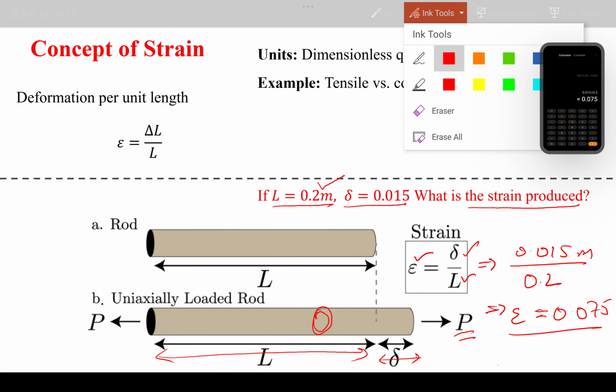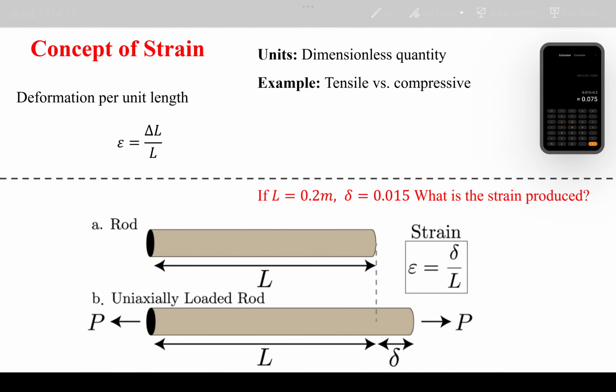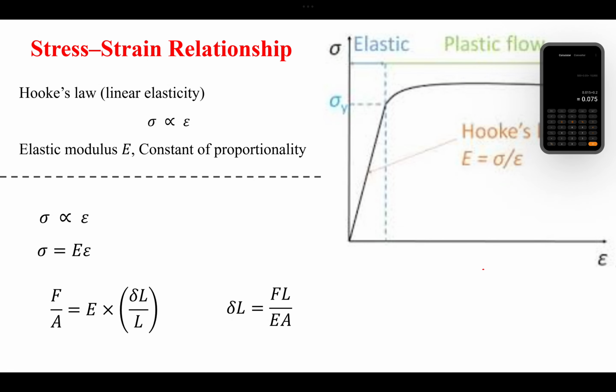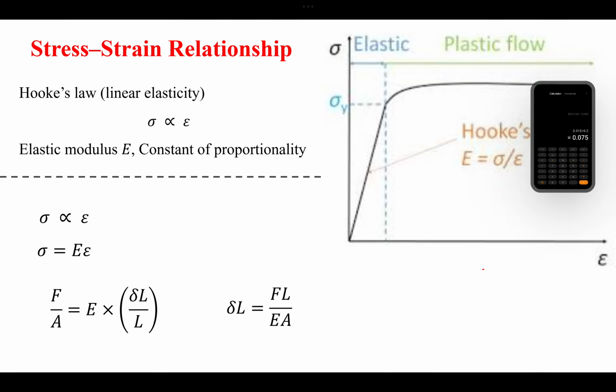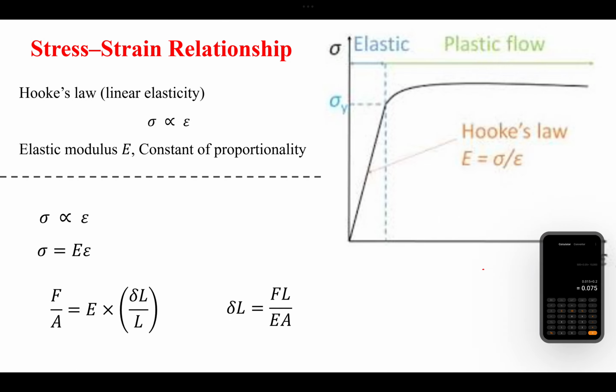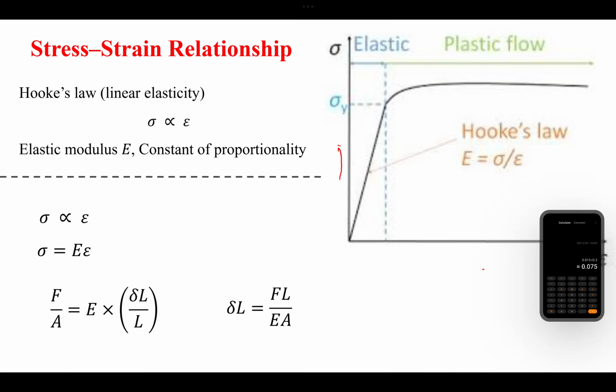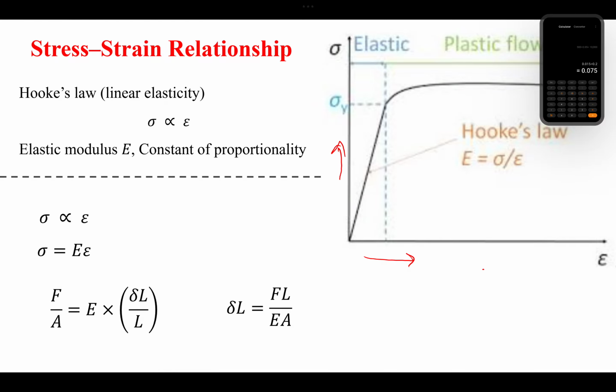Very simple, straightforward. Now there is a relationship between stress and strain. I'm sure you have heard of Hooke's law, where the stress applied is proportional to the strain gained. What does that mean?